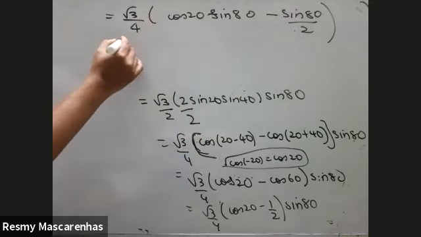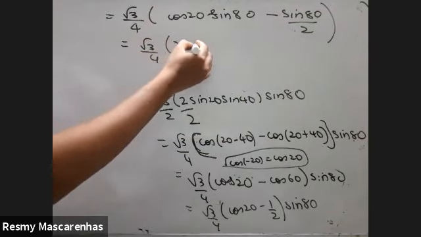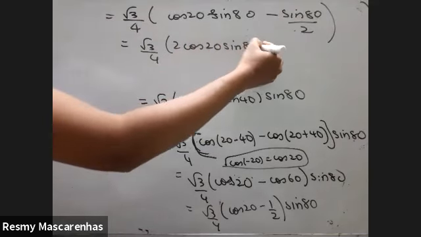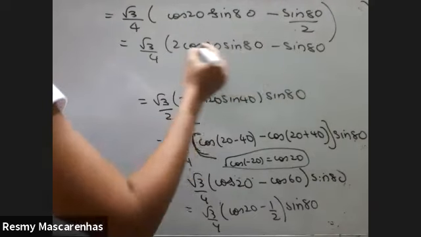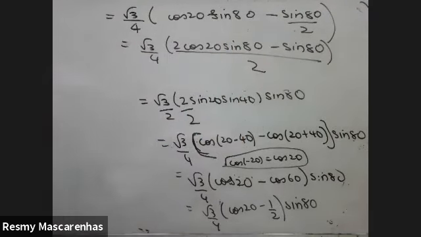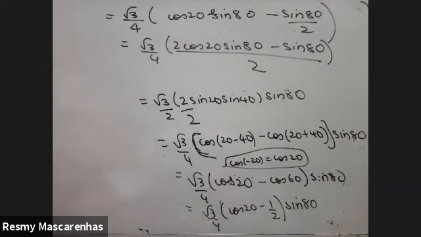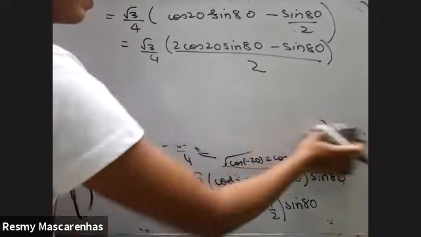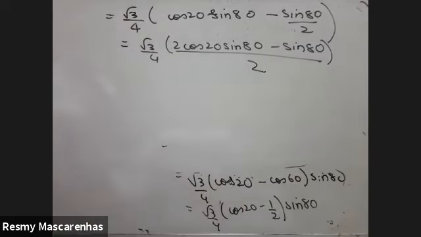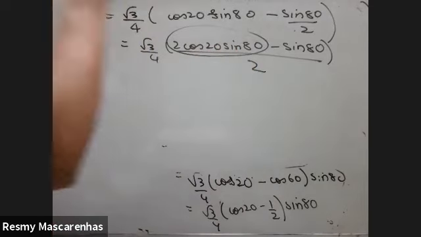Now cross multiply. Okay, then again use the cos A sin B formula.